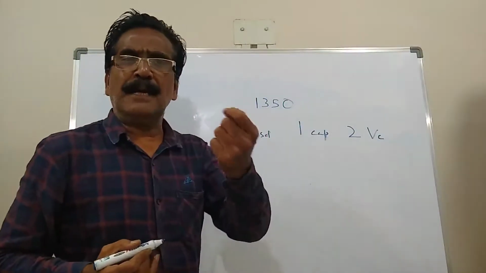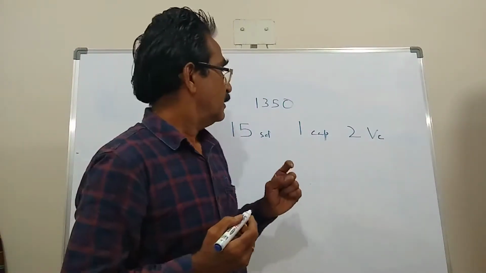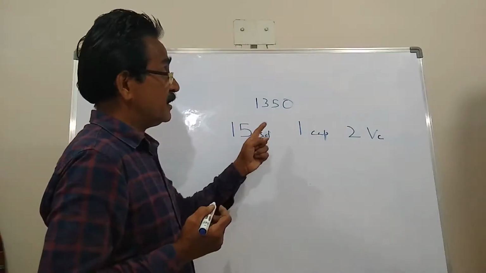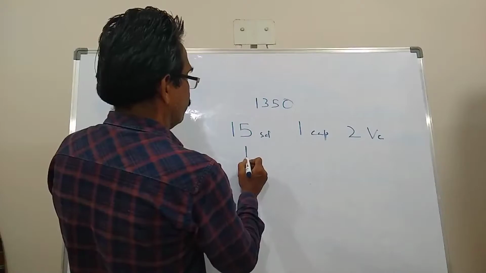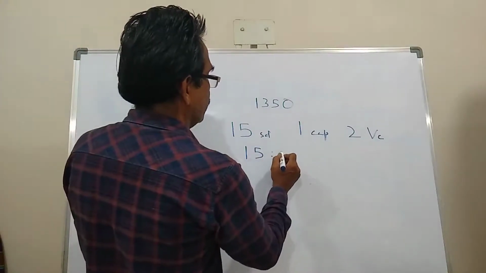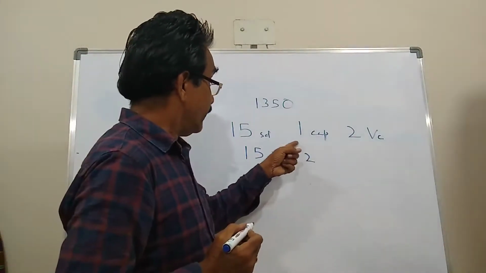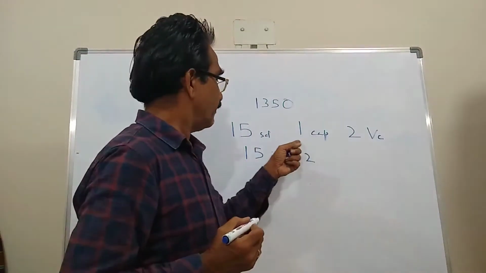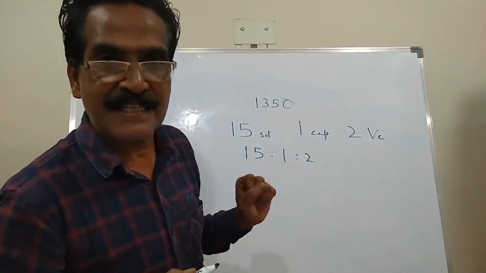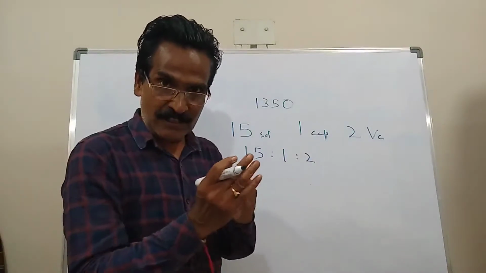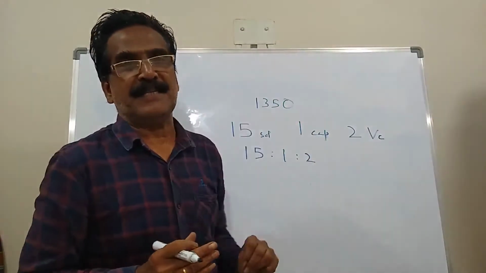So this is a simple application of ratio and proportion. That is, soldiers, captain and vice captain are in the ratio 15:1:2. That means for every 18 persons, 15 plus 1 plus 2, there are 15 soldiers, one captain and two vice captains.